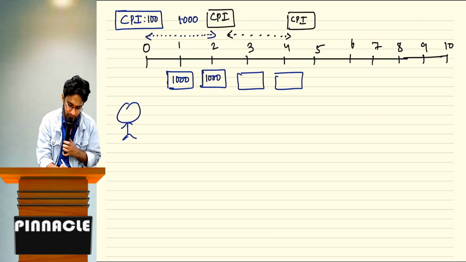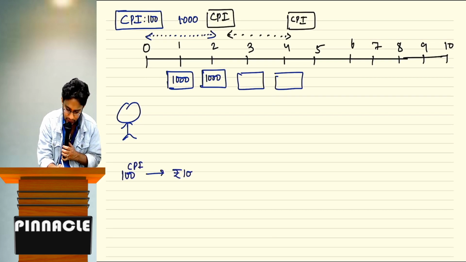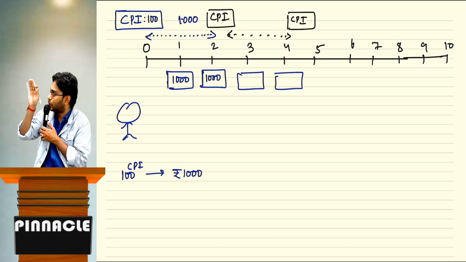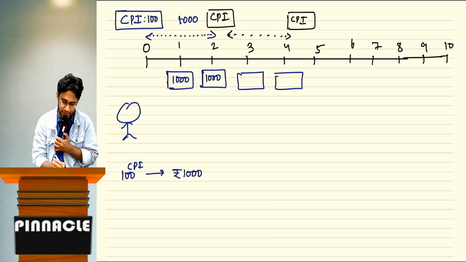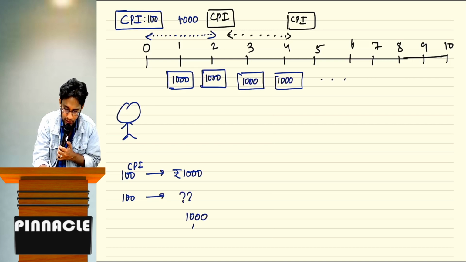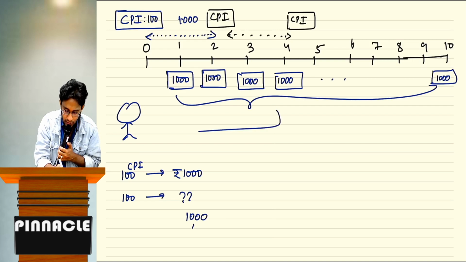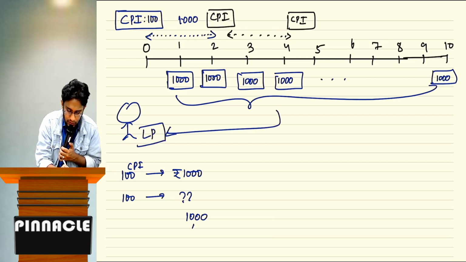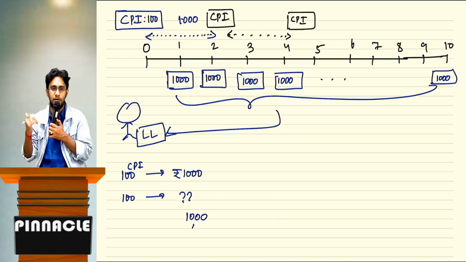That means if CPI is 100 and the amount is 1000, assume today's CPI only for all 10 years. So for 100 CPI, how much will it be? Cross multiply, 1000 only. So everywhere you take only 1000 and discount them. Work out your LL, lease liability. Like this it will work out.